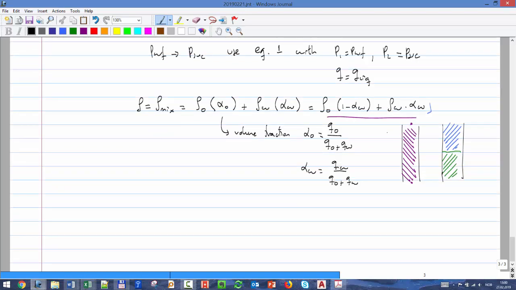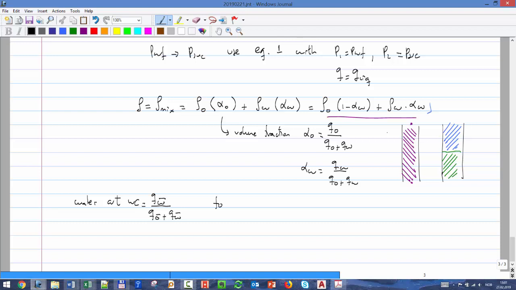What is the definition of water cut of a field? It's simply Q water, but water where? At the surface, okay? So water cut is Q water divided by Q oil plus Q water at the surface, okay? So be careful, it's not the same as the volume fraction.